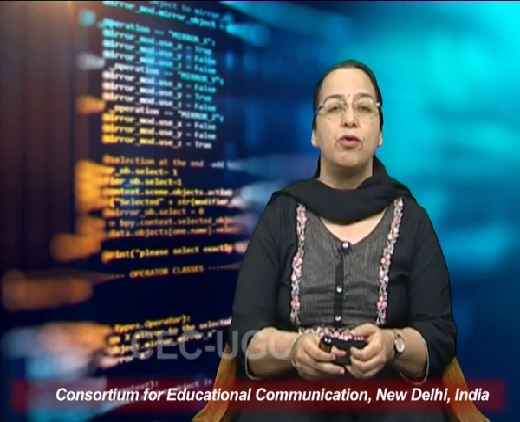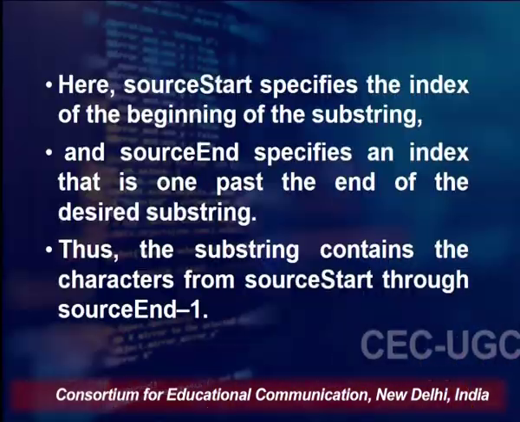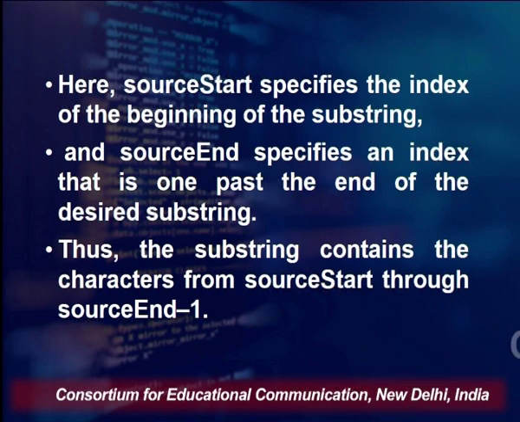So, void getChars, where the C is capital, and within the brackets we have 4 parameters. One is integer sourceStart, another is integer sourceEnd, a third is the character target array, and integer targetStart. Now, sourceStart specifies the index of the beginning of the substring. SourceEnd specifies the index that is one past the end of the desired substring.